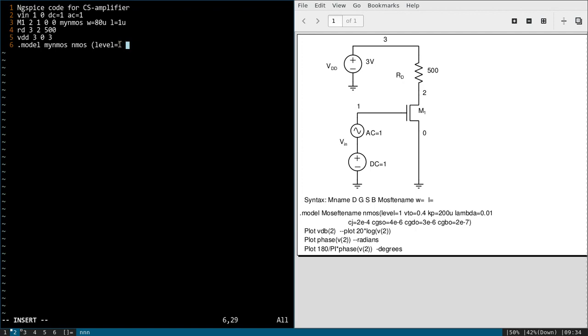So level 1, VTO 0.4, KP equal to mu Cox 200u, lambda equal to 0.01 channel length modulation, CJ 2e-4. These all belong to the junction capacitance or parasitic capacitance.